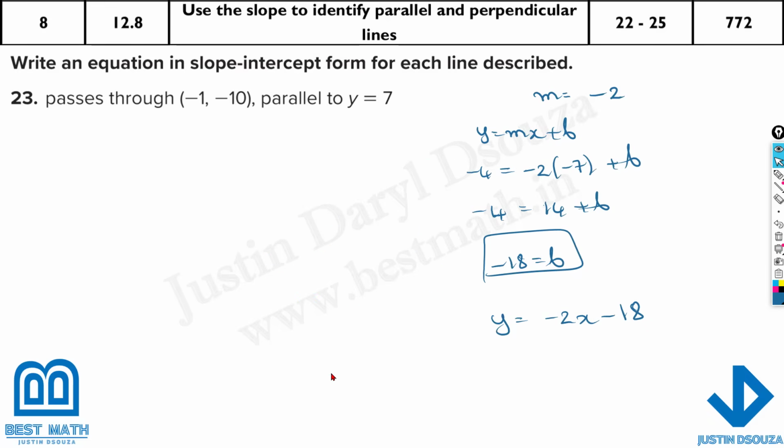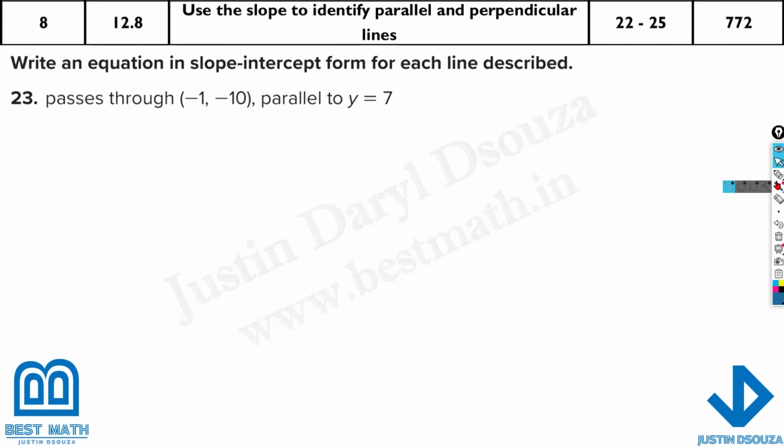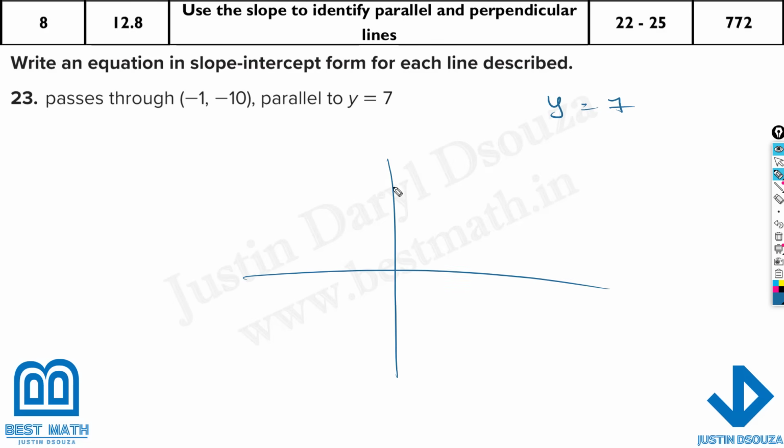So that's the solution. What about over here? It's a similar thing. It's parallel to y is equal to 7. So here, y is equal to 7 is a straight line. See now, is there any mx plus b? No, it's basically a straight line. I mean, not a vertical line, it's a horizontal line like this at 7.